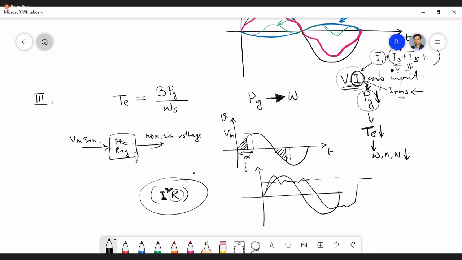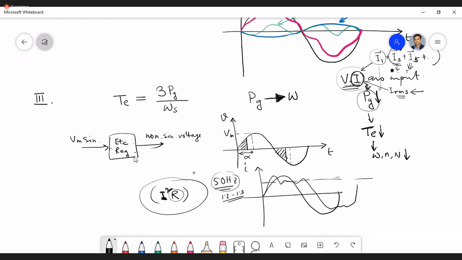The resistance will change. Can you explain that? Why the resistance will change? Due to skin effect. Correct. So due to skin effect. Now previously it was 50 hertz component only. And you know that for 50 hertz component also there is a deviation in the resistance value, and that is 1.2 to 1.3 times of the DC resistance.